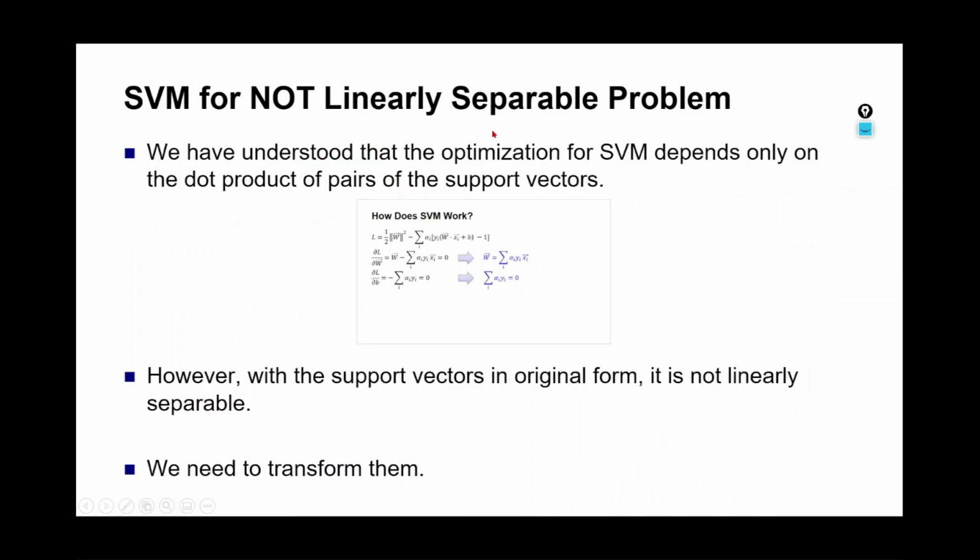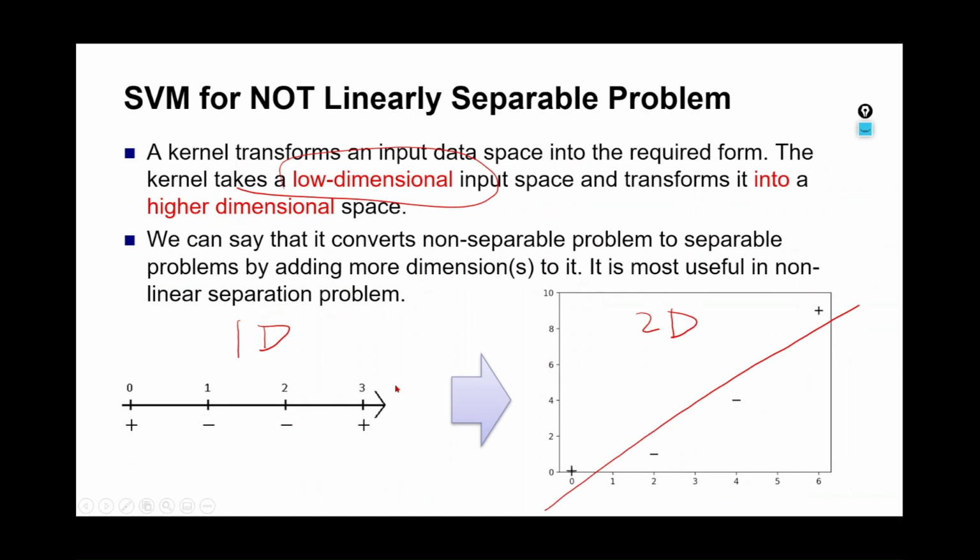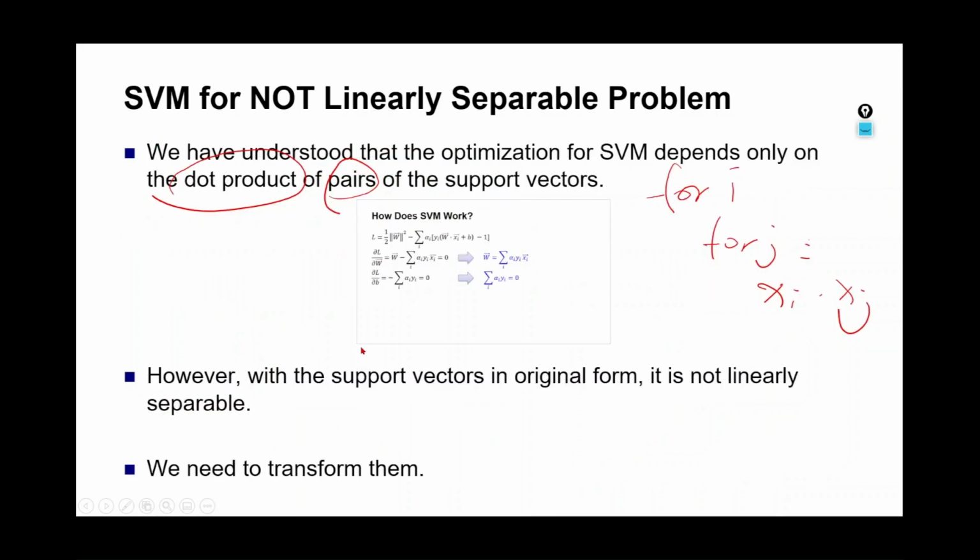So we have understood that the solution for SVM depends only on the dot product of pairs of support vectors, right? However, as our very simple example just now demonstrated, with all these support vectors in their original form, for example in one-dimensional space, they are not linearly separable.